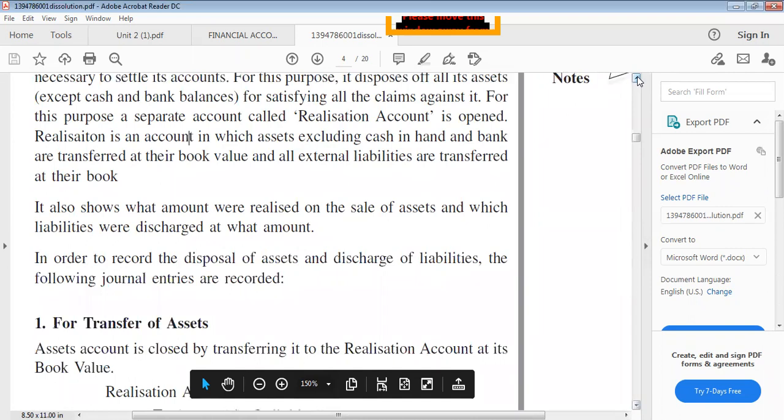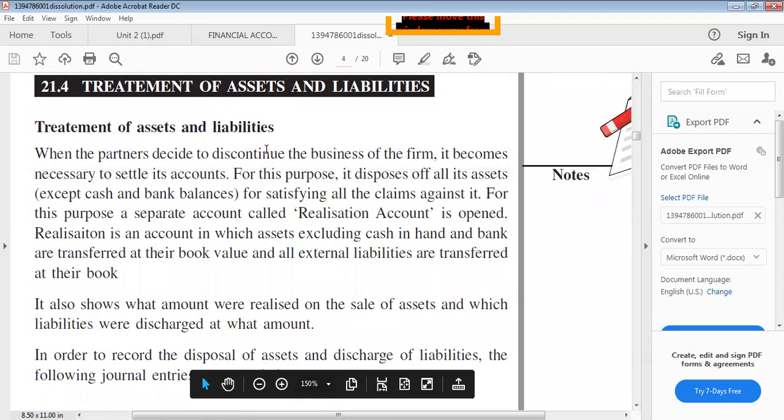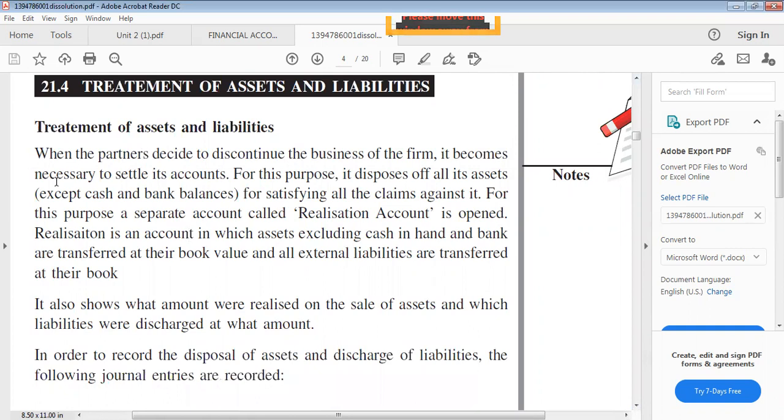Again, when the partners decide to discontinue the business of the firm, it becomes necessary to settle its accounts. For this purpose, it disposes of all its assets, except bank, for satisfying all the claims against it, meaning liabilities. For this purpose, a separate account called realization account is opened.